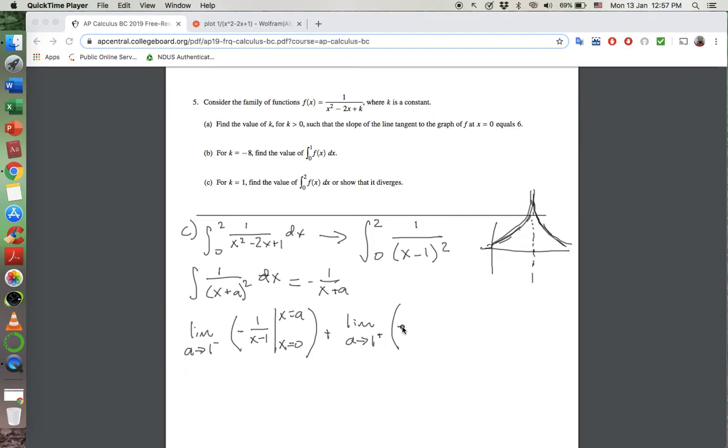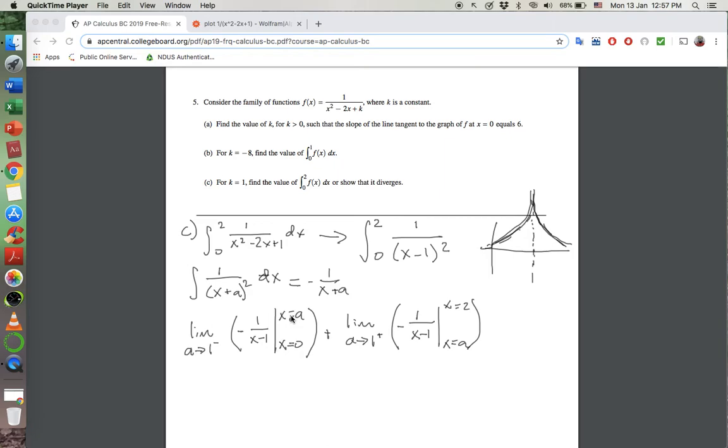And same thing here, except we're going to put x equals a on the bottom. Remember, a is almost 1, but not quite. And we've got x equals 2 on the top because that's the rightmost point that we're looking to find the integral over. And as we evaluate those, it's pretty simple.